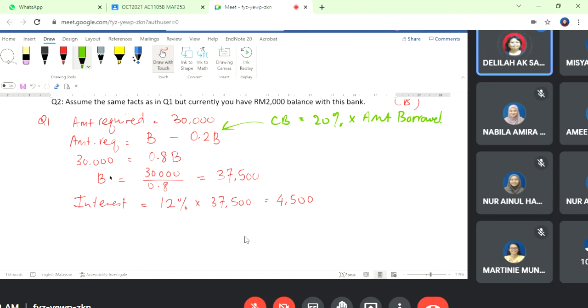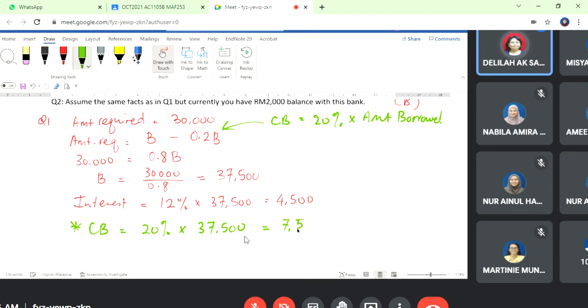Now, in case you're wondering, is it correct that if the compensating balance is 20% of the amount borrowed, you are going to get 30,000? Then you check. So CB is 20% of the amount borrowed, 37,500. You will find that this is 20% times 37,500.